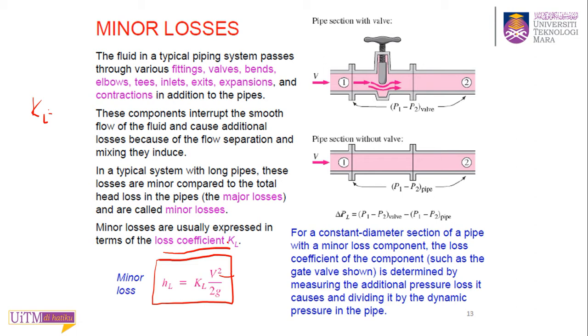Velocity of the fluid inside the bigger pipe and the smaller pipe will be different, so you need to calculate separately for the bigger pipe and for the smaller pipe. But if you have a pipe with a constant diameter, that means your velocity throughout the pipe is constant, is the same, so you don't have to separate that. Okay, can you follow that?